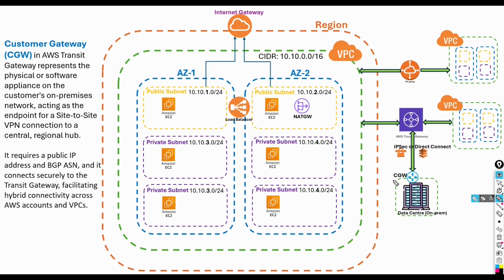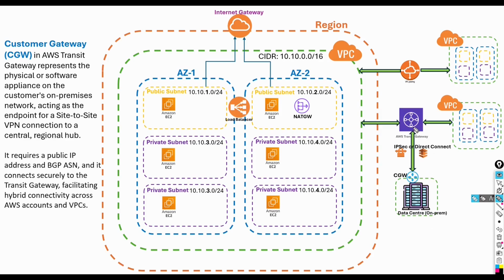So CGW is generally the router or the edge device in the on-premise data center. Usually we use this CGW to establish the connectivity between the CGW and our AWS resources. So transit gateway is the entry point for the data center.